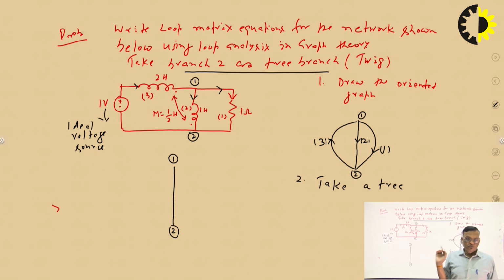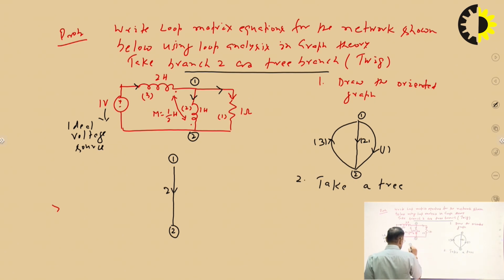There are 2 nodes, so there will be one branch, this is your 2. We also know that the branches removed from the oriented graph to make a tree are called links. There are 2 links, and links are shown by dotted lines.